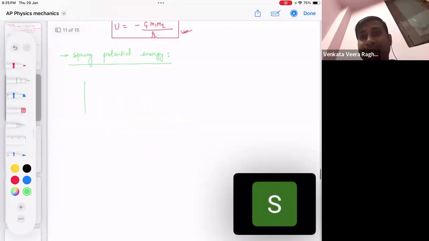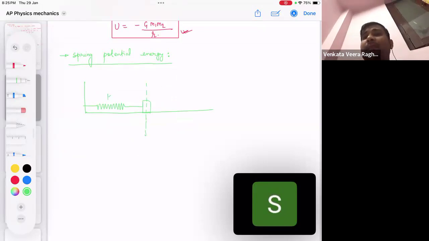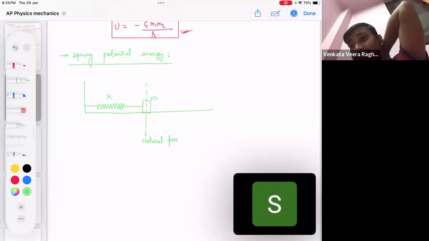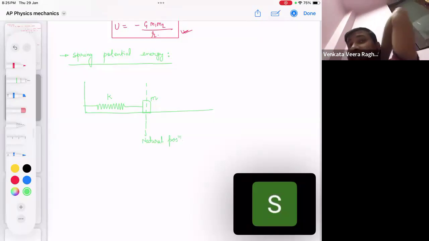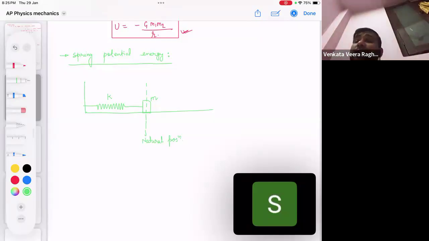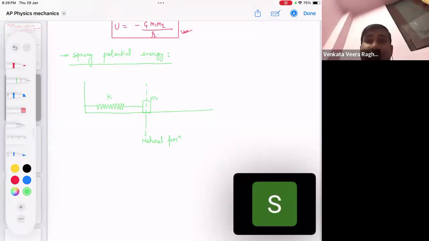Let's say an object is attached to a spring, the spring constant is k, the mass of the block is m, and this is called the natural position, or the natural length of the spring. Natural position or natural length means the position when the spring doesn't have any elongation or compression.